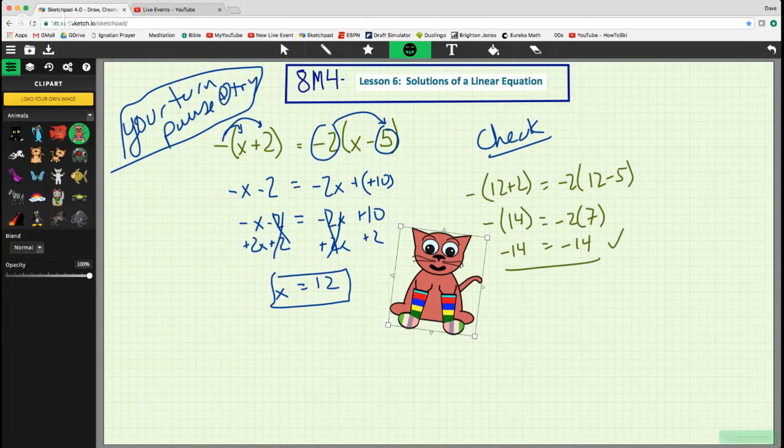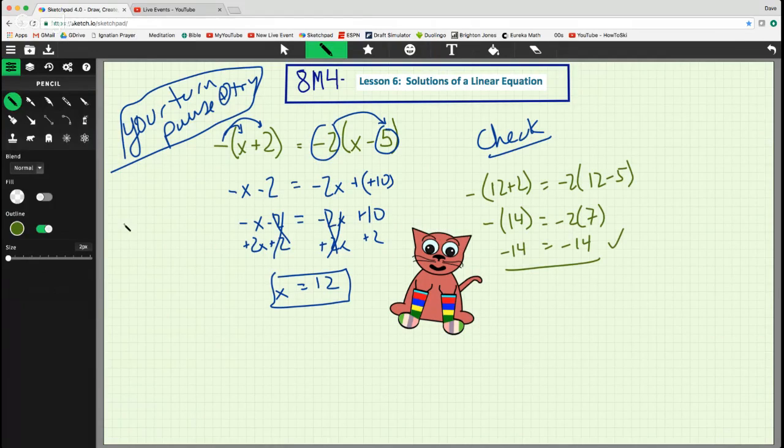All right. So it's all about distribution and then about solving equations. This is all about practice. This is really about using the building blocks of solving equations into distribution.